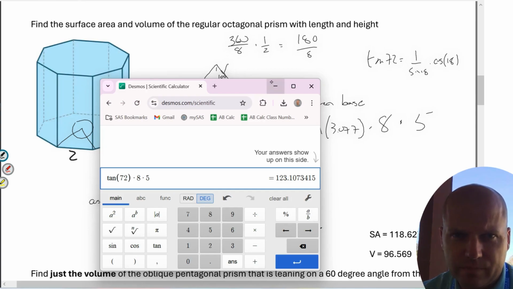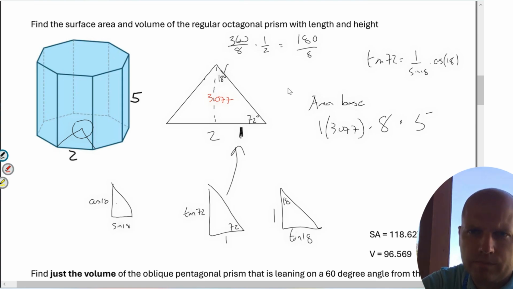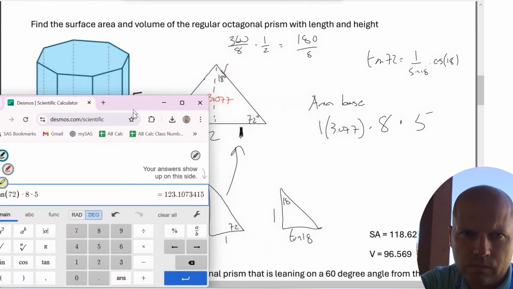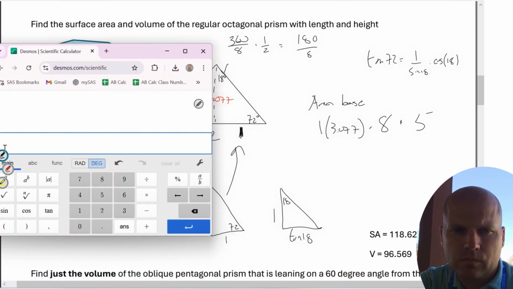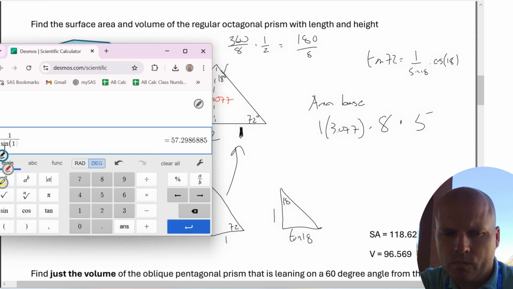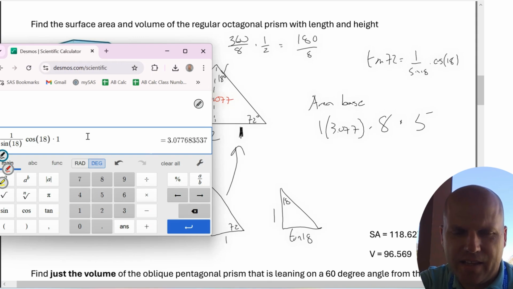Something happened. This is 2. Half of the base times the height is that.